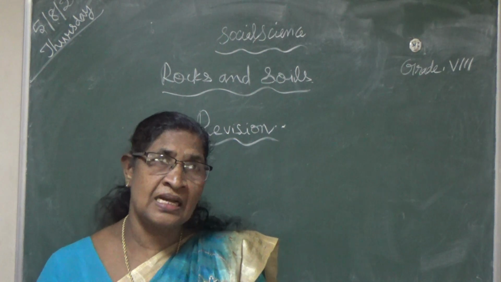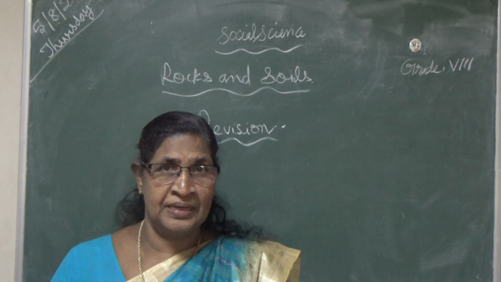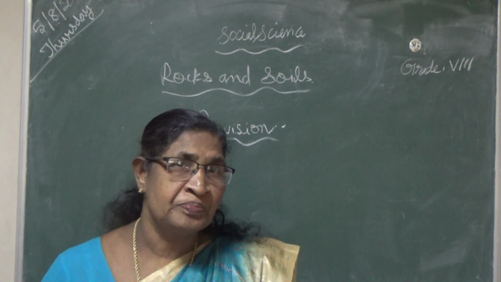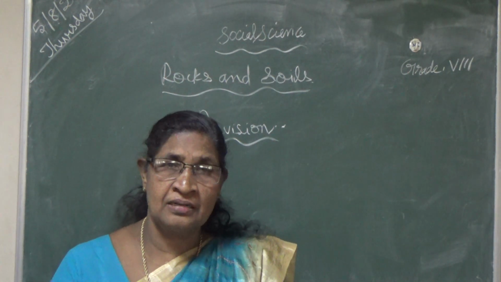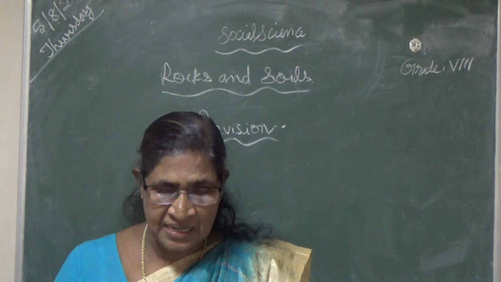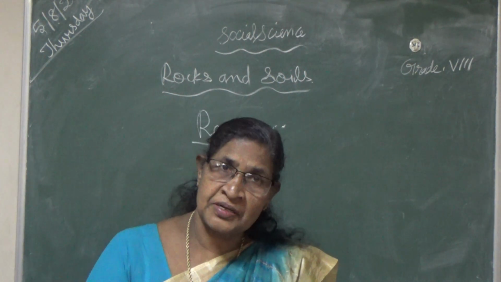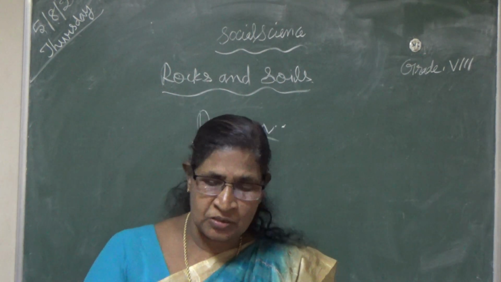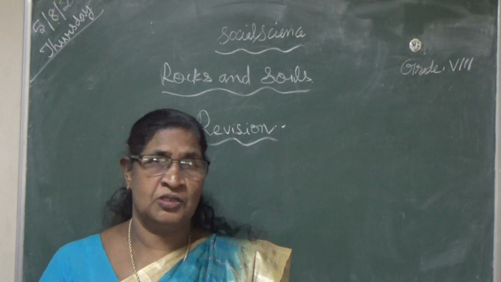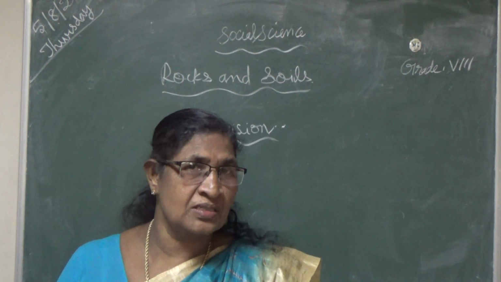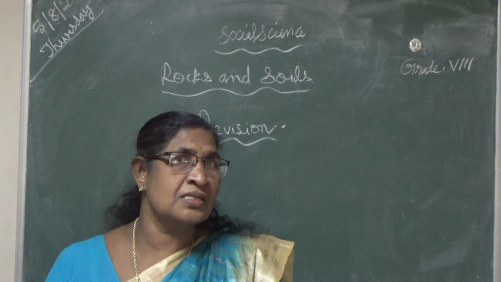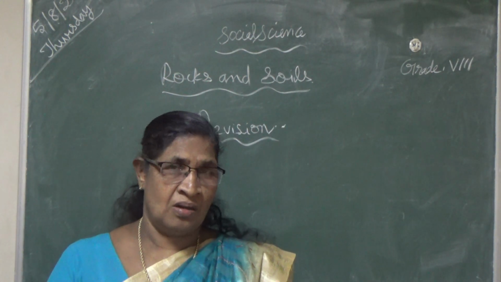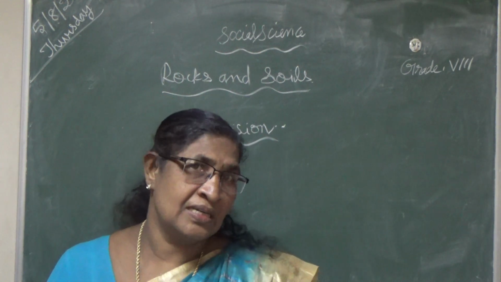So it is a natural resource. Mainly coal, oil, natural gases, everything we can get from the sedimentary rocks. The sedimentary rocks are important sources of natural resources like coal, oil and natural gases.